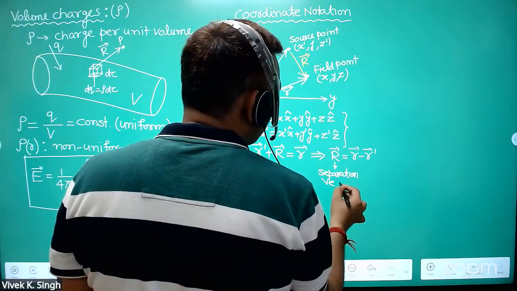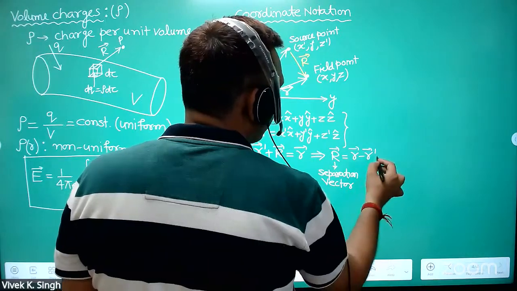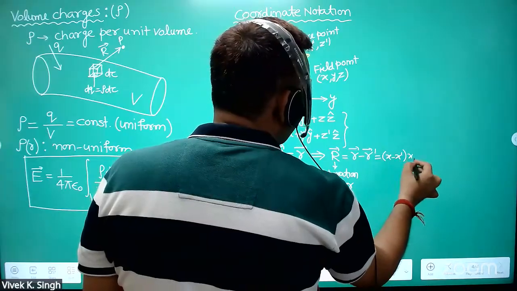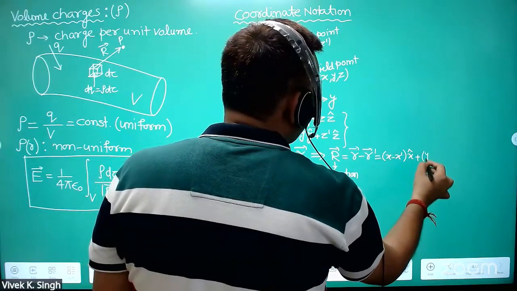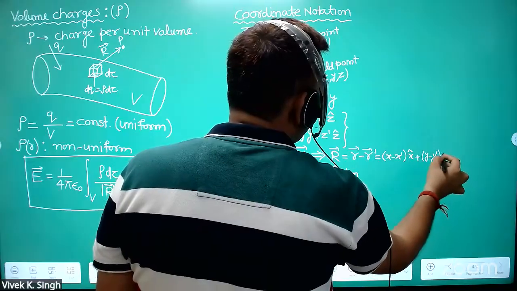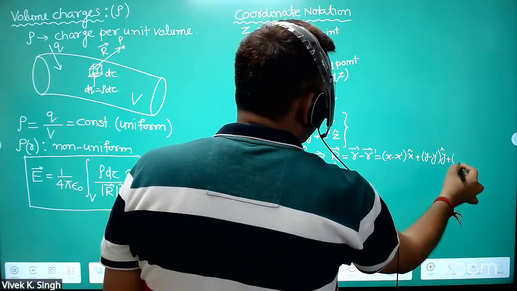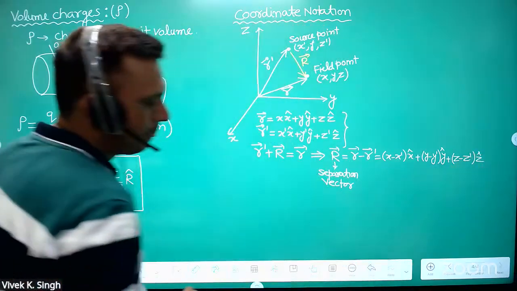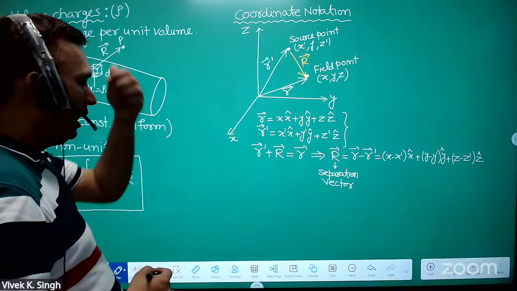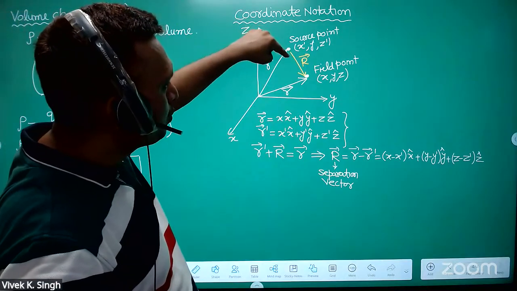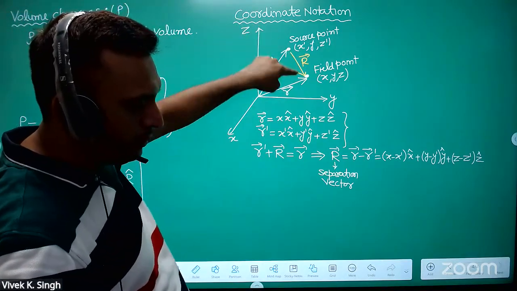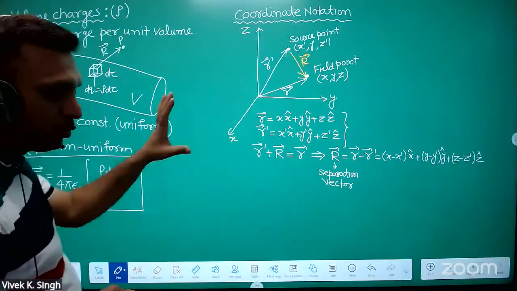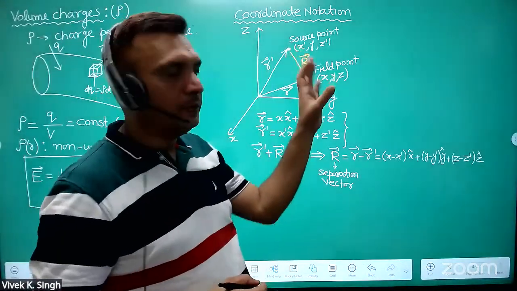This will be x minus x dash x cap, plus y minus y dash y cap, plus z minus z dash z cap. It means the distance between the source point and the field point will be represented by the separation vector. So we are going to use this coordinate notation.